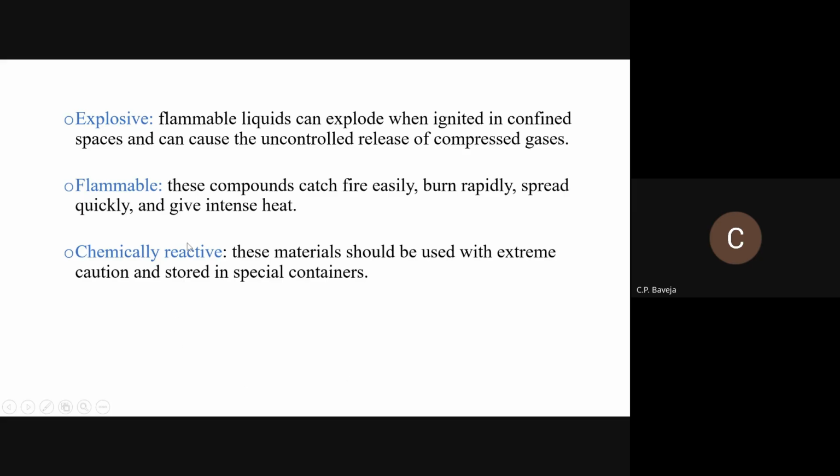Then flammable: these compounds catch fire easily, burn rapidly, spread quickly, and give intense heat. This will be a hazard because it will burn the materials nearby and spread quickly. And chemically reactive: these materials should be used with extreme caution and stored in special containers, because if they are chemically reactive with some other chemicals, they should be stored separately.